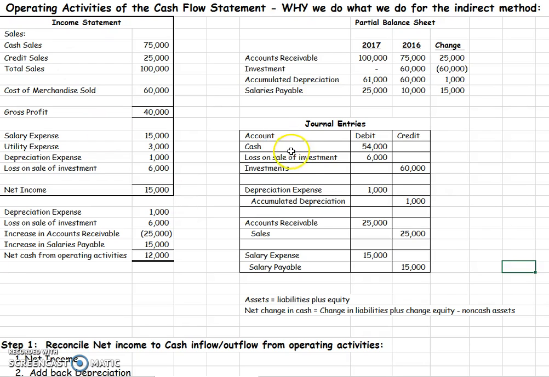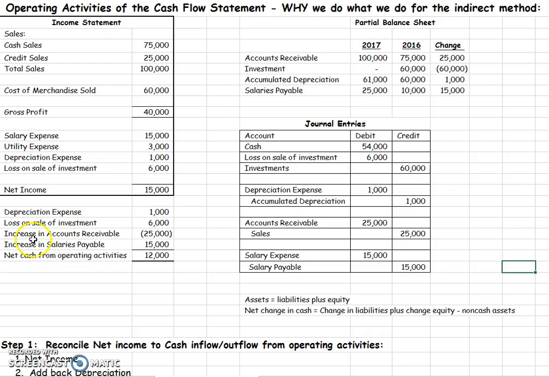Now I do want to explain why it also works if my change is different. So let me show you. If accounts receivable, instead of having gone up, actually went down, because current assets work the opposite. If it went down, I would have increased it over here.